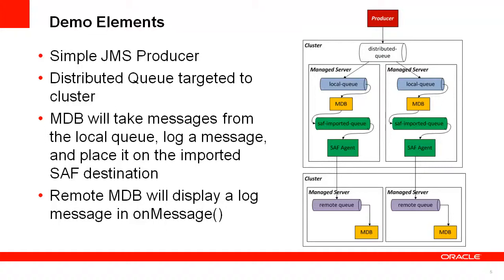It's not required to have this type of architecture when you are using Store and Forward, but as you'll see in the demo, it will show how messages arrive on the local domain and then are sent to the remote domain. Finally, on the remote domain, I have a message-driven bean, which takes messages off of the remote queue and displays a message on the screen.